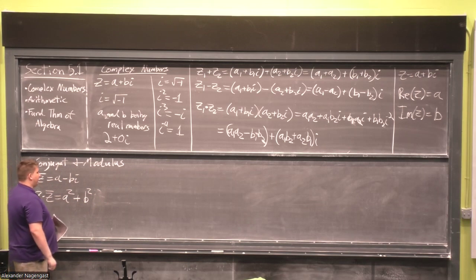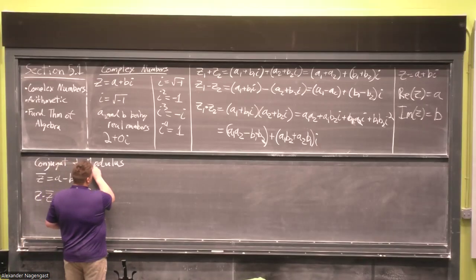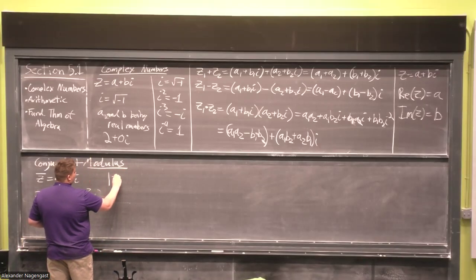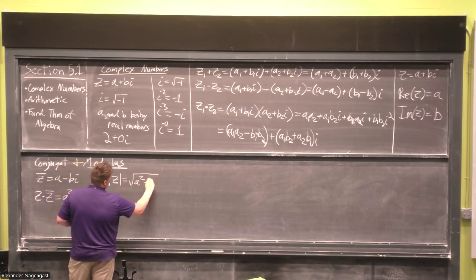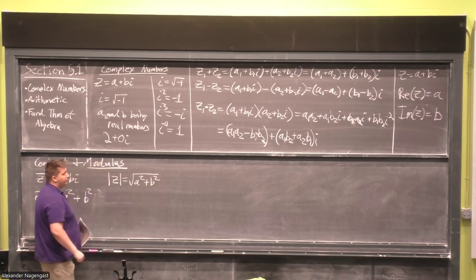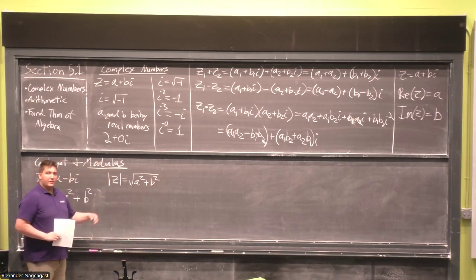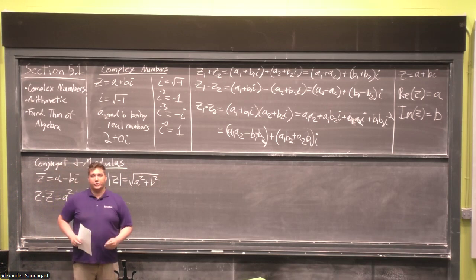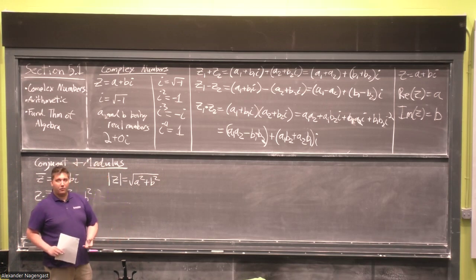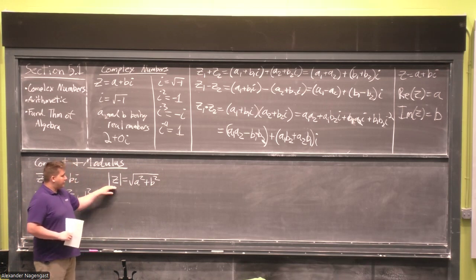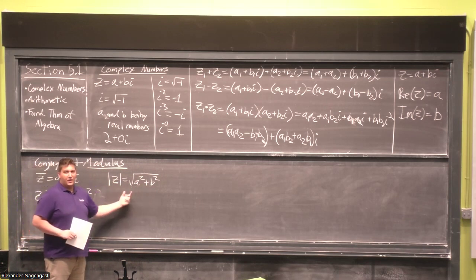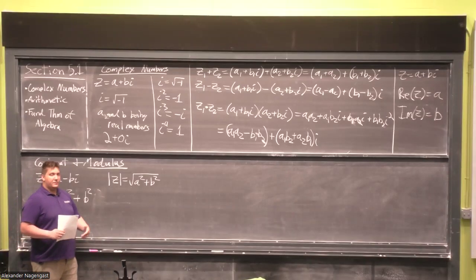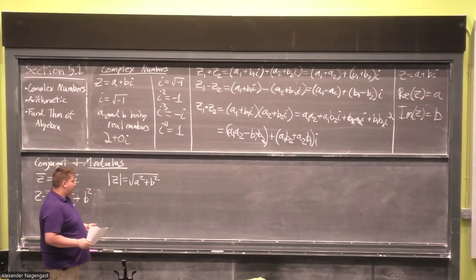Now, for the modulus, we have the modulus of z being equal to the square root of a squared plus b squared. Essentially, it's the complex version of the Pythagorean identity. It looks like I could have like z squared equals a squared plus b squared, but I'm taking the modulus, which is similar to like the absolute value, but not really.